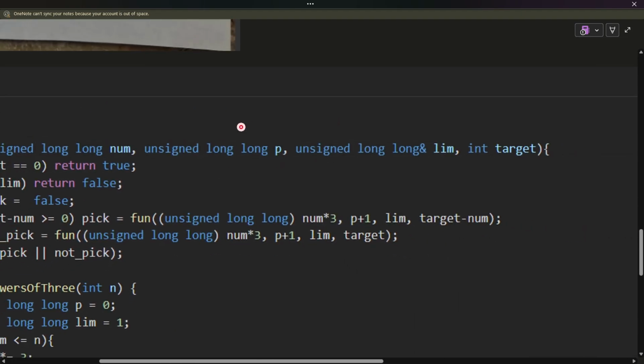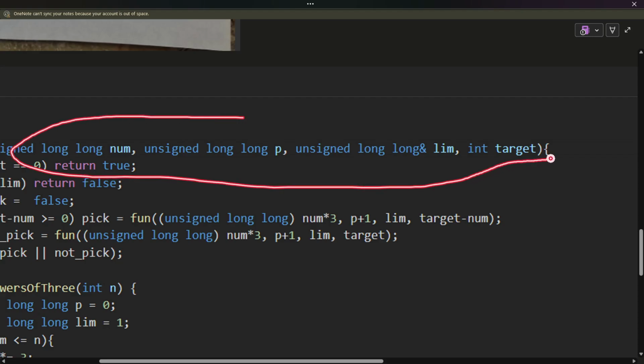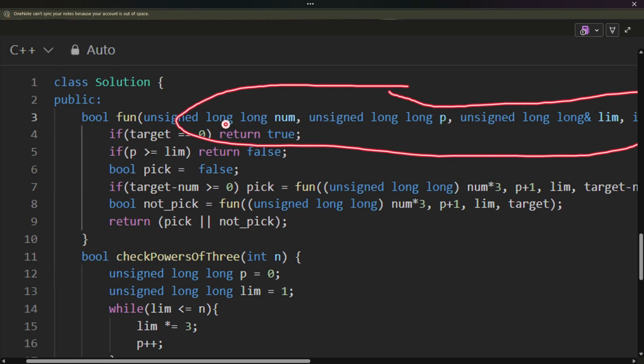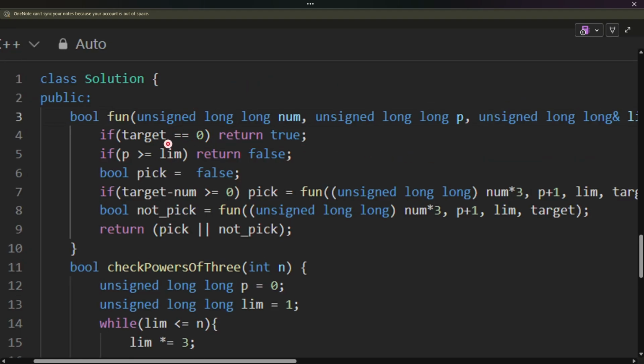Same thing written. As we pass it, is target equal to 0? No. If it were, it would return true, but right now it's not. So if the power is greater than or equal to the limit, we return false because we haven't found our answer.